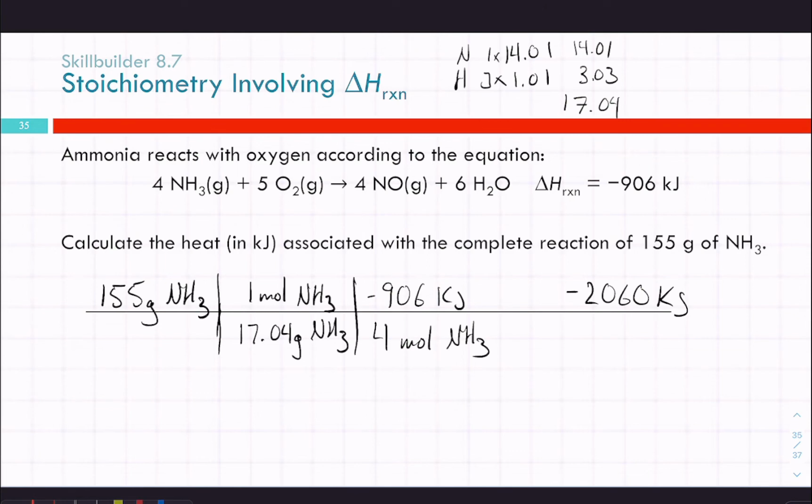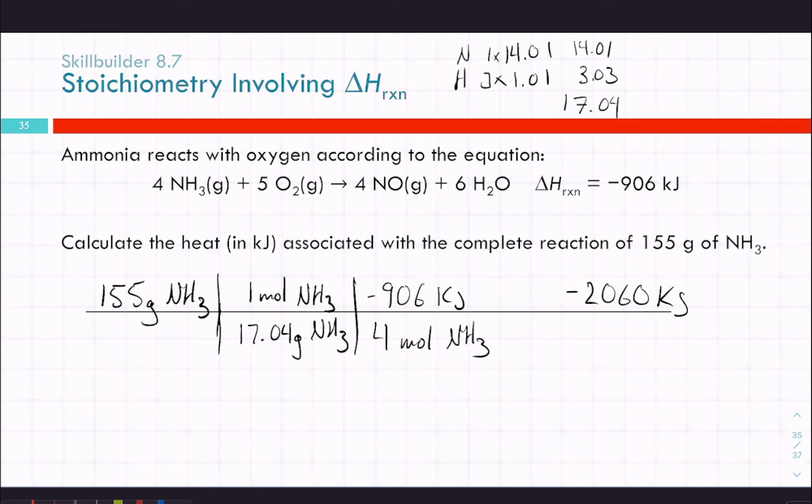So you could also have a limiting reagent problem where it asks, what's the maximum amount of heat you could produce given X moles of ammonia, X moles of oxygen. Right? You just calculate to solve for heat, and then whichever one produces the least amount of heat will be your limiting reactant, and therefore the most heat you could produce.